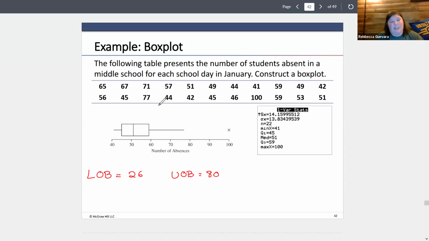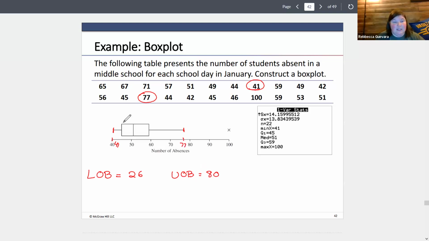So when you're trying to arrange this data, the smallest value we have in this boundary is actually your smallest data point. So that's why we stop here at 41. Then on the other end, 77 is my largest data point before I hit this boundary of 80. So I stop here at 77.